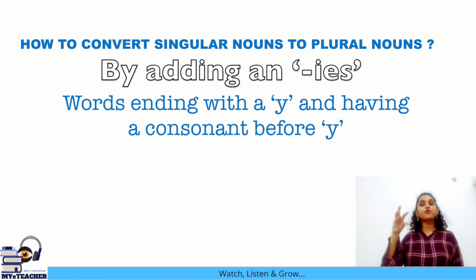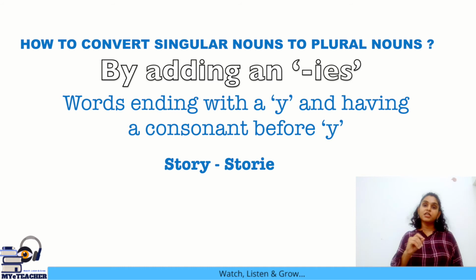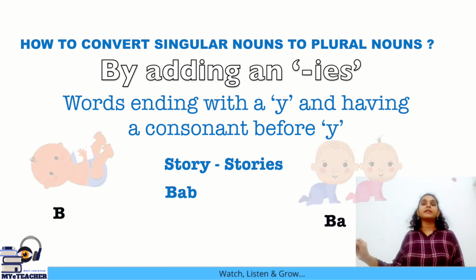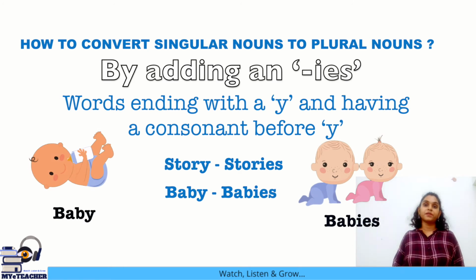So we simply remove the Y and add IES. Story becomes stories. Similarly, baby becomes babies. Fly becomes flies. So these are words which end with a Y but have a consonant as the second last alphabet.